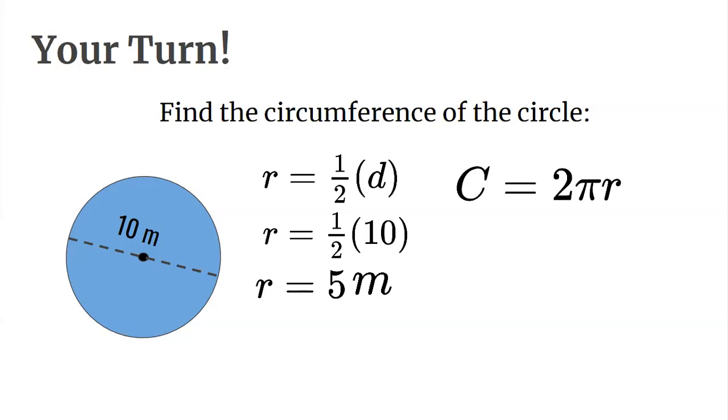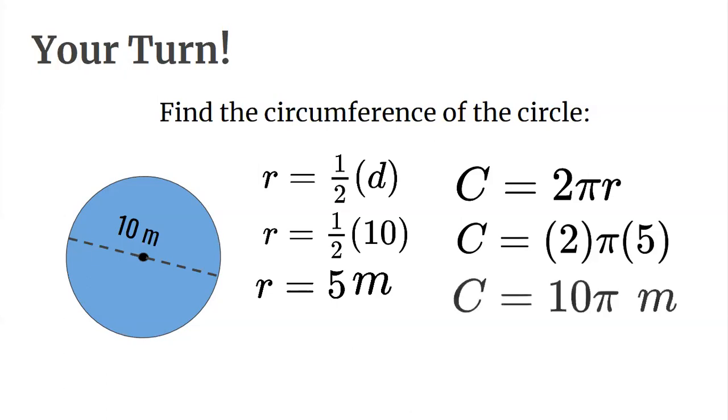The formula of circumference should be C equals 2 times pi times radius, C standing for circumference. Plug in the 5 as the radius, so circumference equals 2 times pi times 5. Multiply 2 and 5, you should get 10 times pi. And then the circumference will be 10 times pi meters.